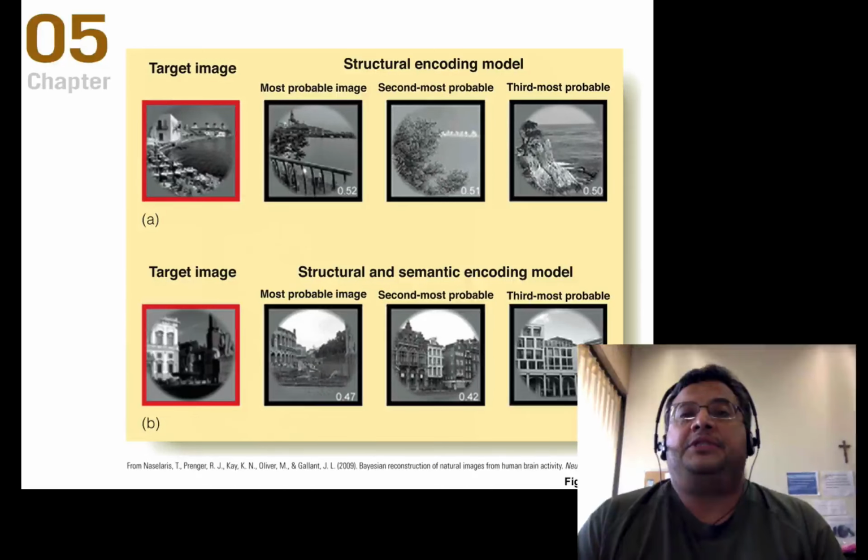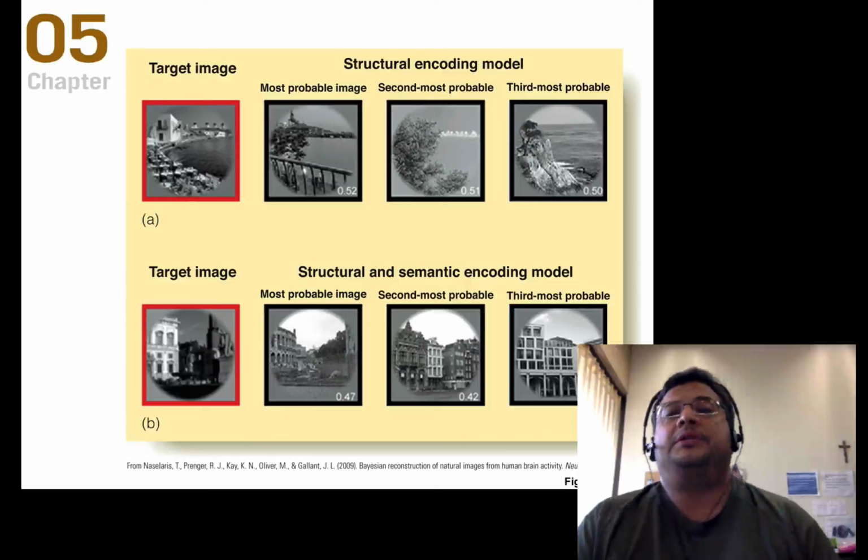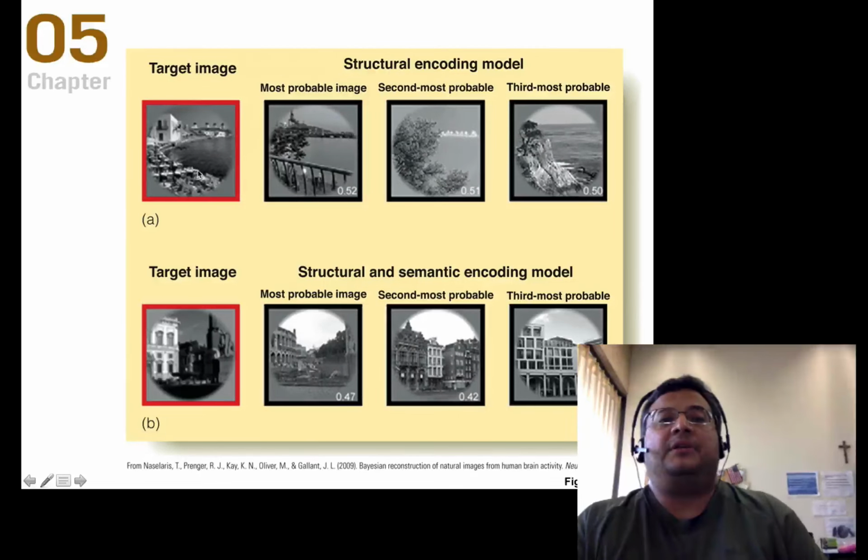We had one that just did structural encoding. In other words, this model simply tried to pick out the different objects that it found in the image, and then tried to match the objects that it found to another image to see which one was the best match, trying to identify it.